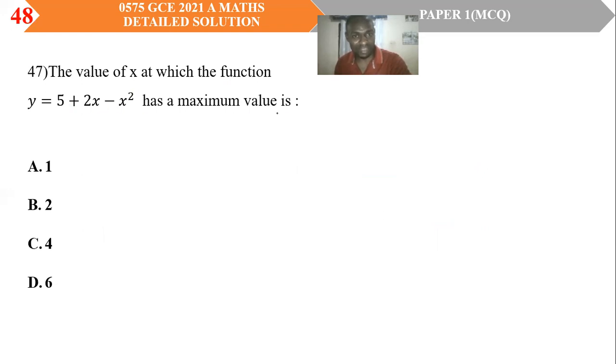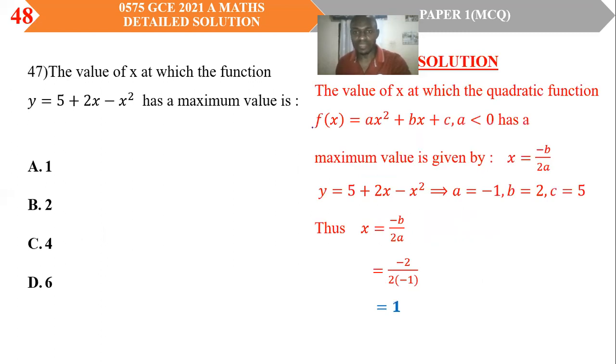Question 47. The value of x for which the function y is equal to 5 plus 2x minus x squared has a maximum value is, the value of x at which this function has a maximum value is: the value of x at which a general quadratic function f of x equal ax squared plus bx plus c, where a is less than 0, because we only talk of maximum when this value a is less than 0, has a maximum value is given by x equal negative b over 2a.